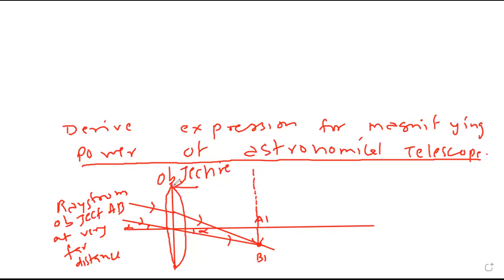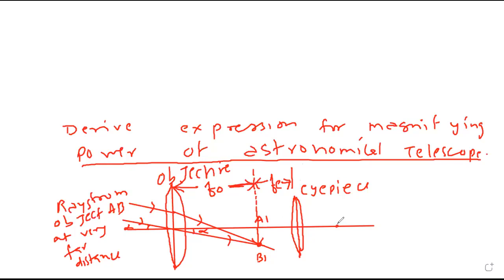Therefore, this distance is FO, that is the focal length of the objective. Now, the eyepiece is adjusted in such a way that A1B1 lies between the focus and optical center of the eyepiece, that is, the distance of the object becomes Fe.